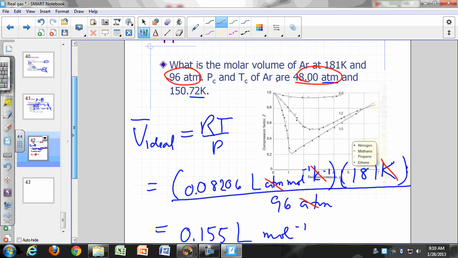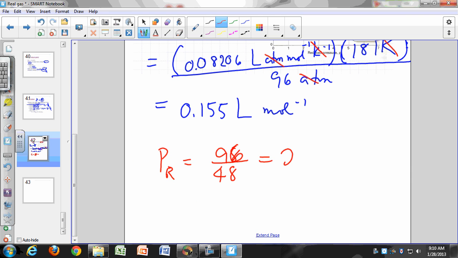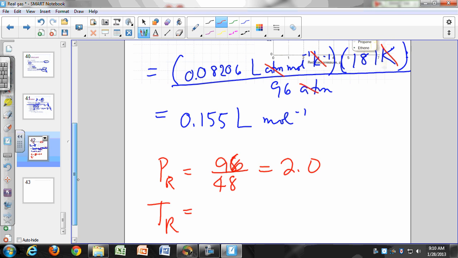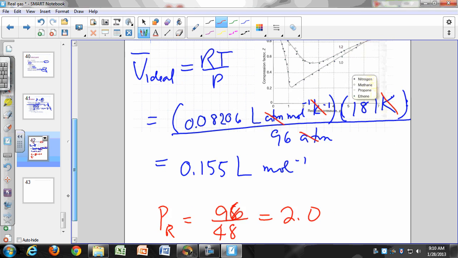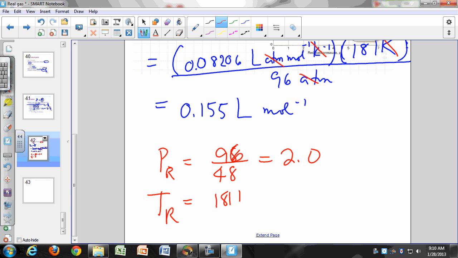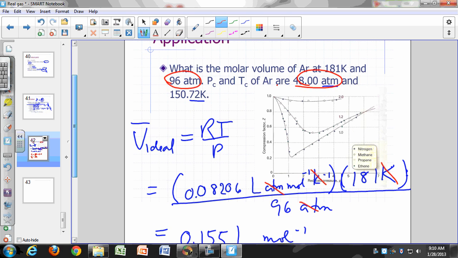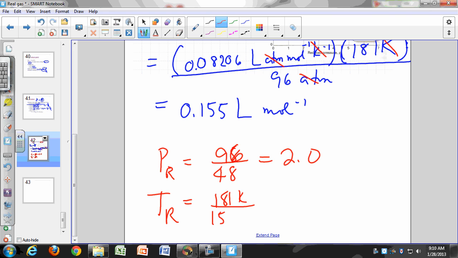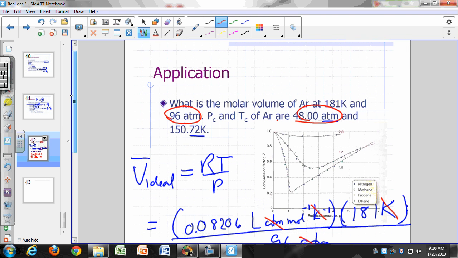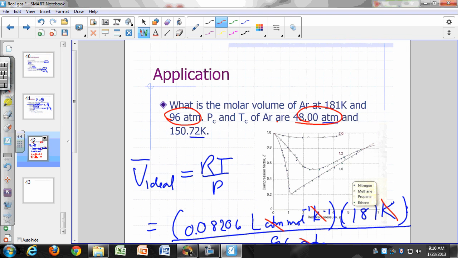So that's 2.0. What's our reduced temperature? 181 Kelvin divided by 150.72. 1.20. Okay.